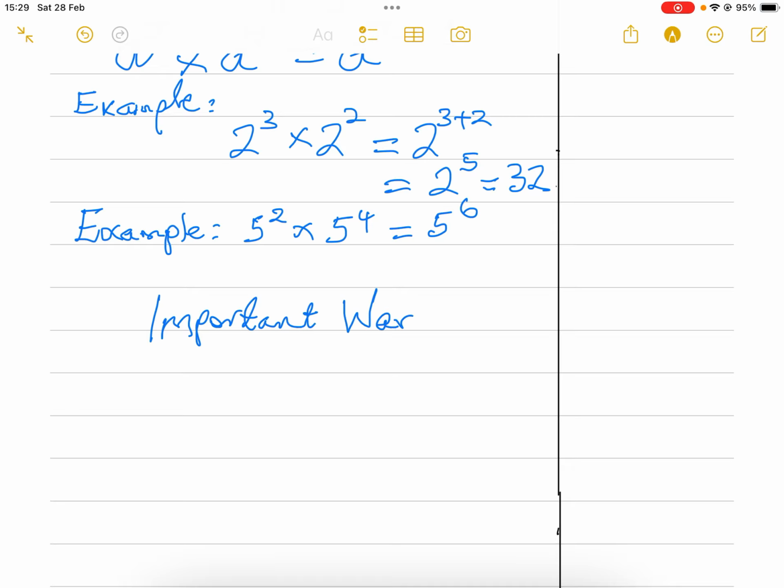Now let's consider this very important warning. X raised to power 2 multiplied by y raised to power 3.